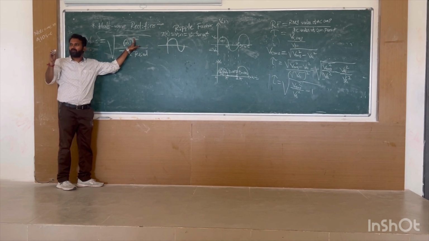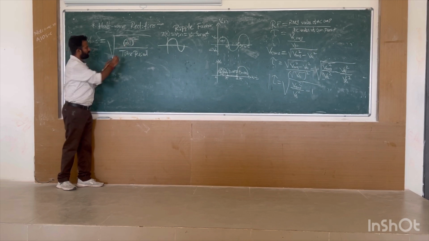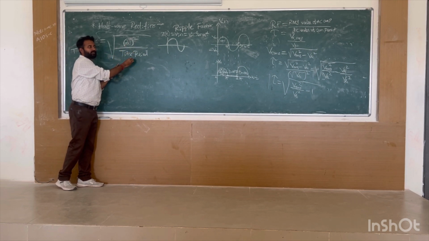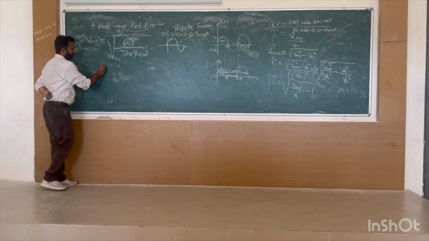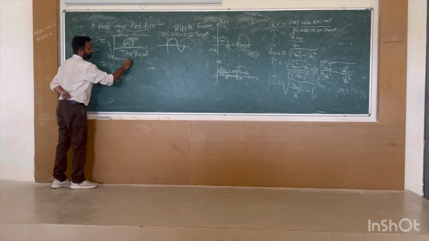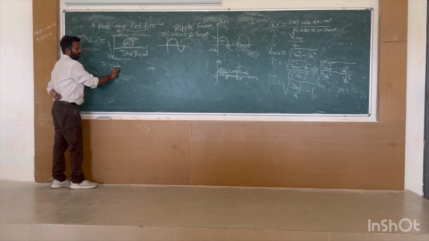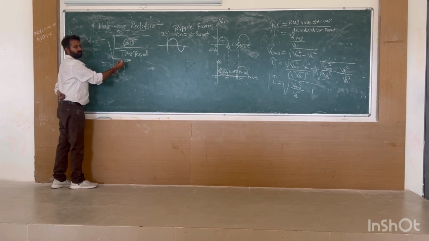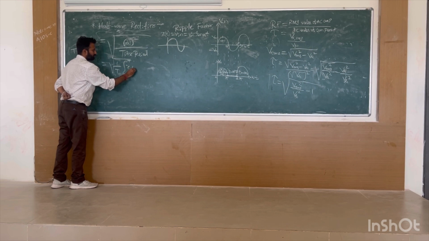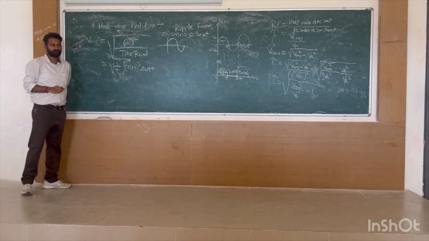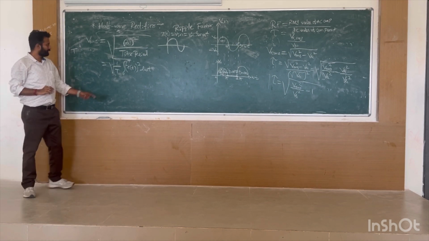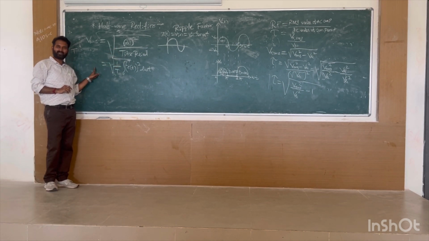Our input is v input equal to Vm sin omega t, that is x of t whole square, divided by the time period, which is T. So you can write it like this: square root of, I will take the time period outside, 1 by T, integration from 0 to T of x of t whole square d omega t. This is the time period, 1 by T. I have taken T outside.